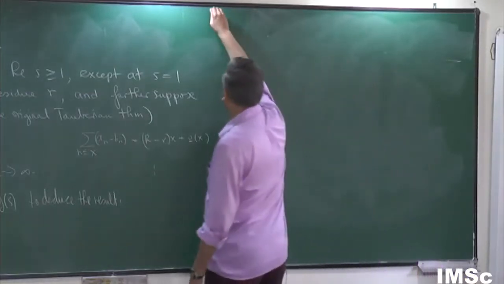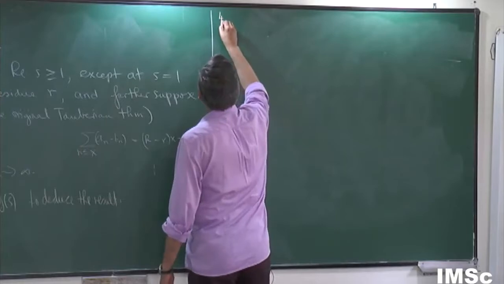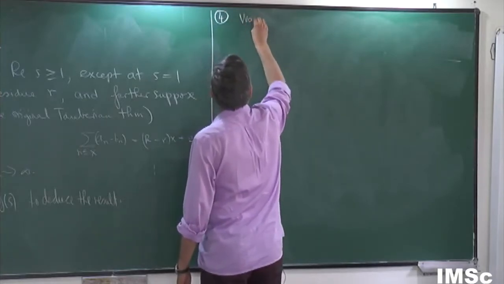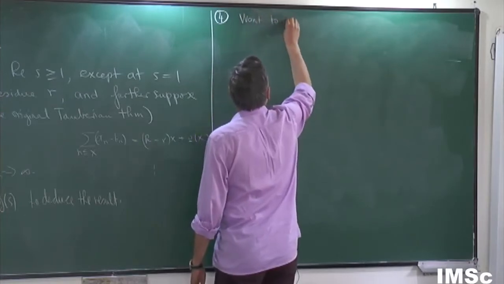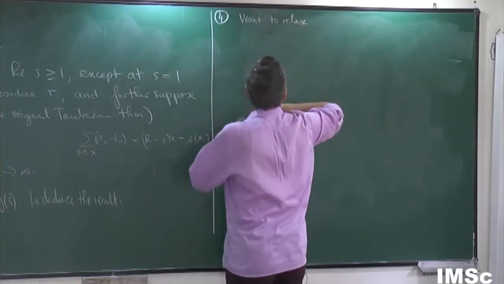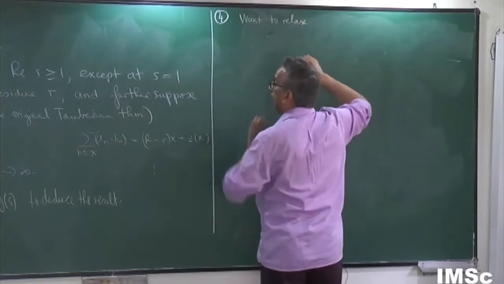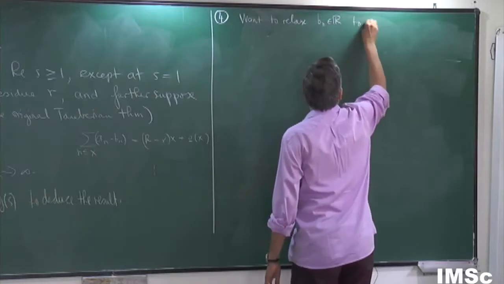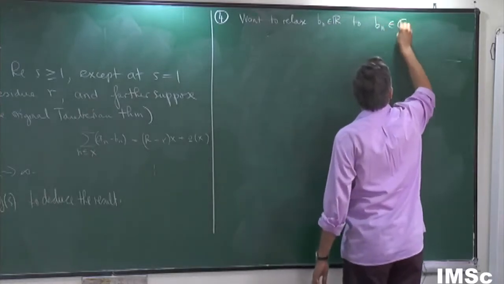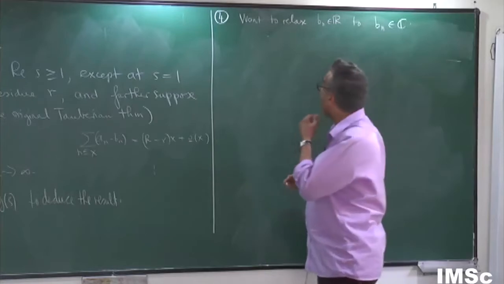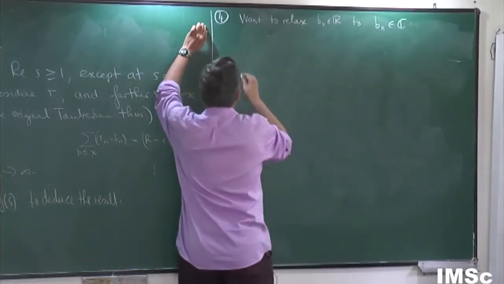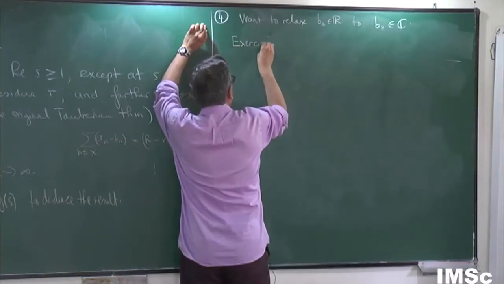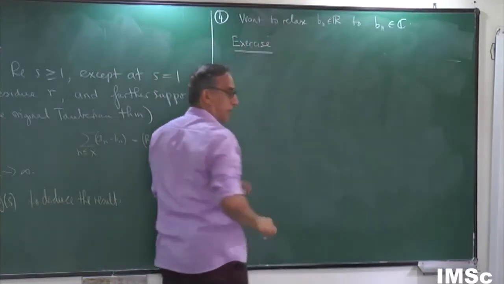So number 4, want to relax b_n real to b_n complex numbers. And in order to do that, you need to do a little bit of an exercise, which I will leave because it can be done in your head.